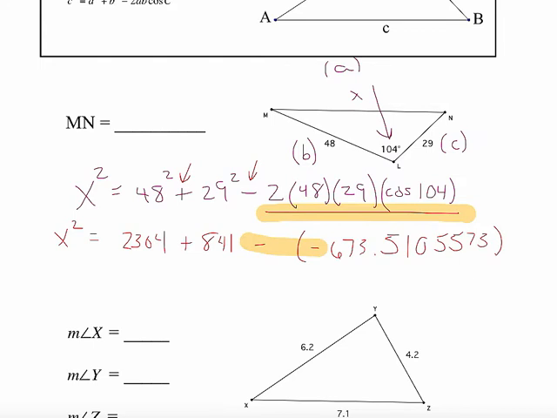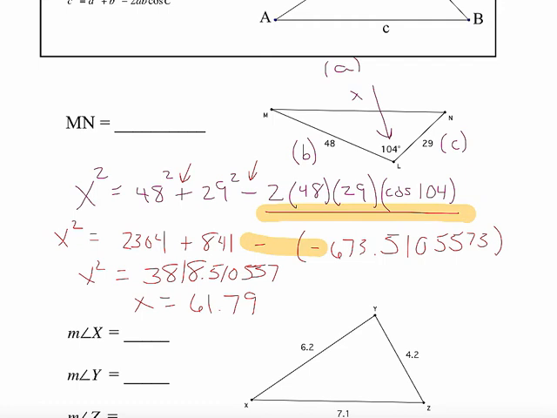So that's going to turn into a plus. So when I take 2,304 plus 841 plus, because of the double negative, 673.5105573, now I'm getting a much bigger number. It's saying that x squared is equal to 3,818.510557. So when I square root both sides, now I'm getting 61.79. And now I look at my answer, and that seems reasonable.